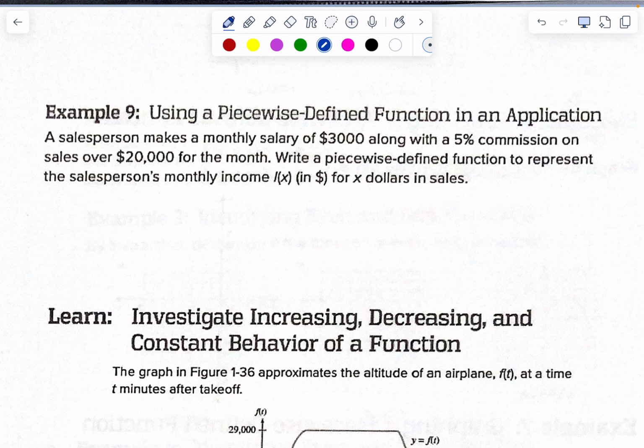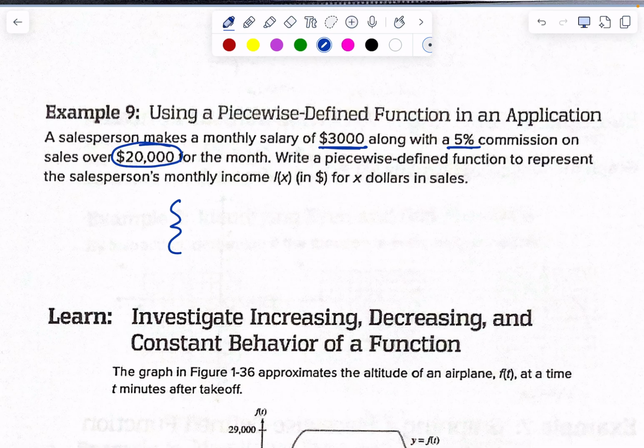Okay, example 9. Use a piecewise function. A salesperson makes a monthly salary of $3,000 along with a 5% commission on sales as long as they are over $20,000 a month. Use a piecewise function to represent the salesperson's monthly income in dollars. He makes a salary of $3,000 along with 5% commission.